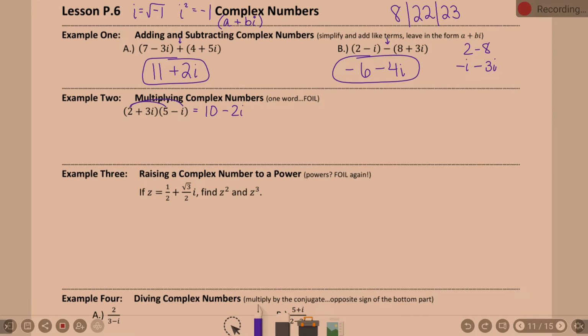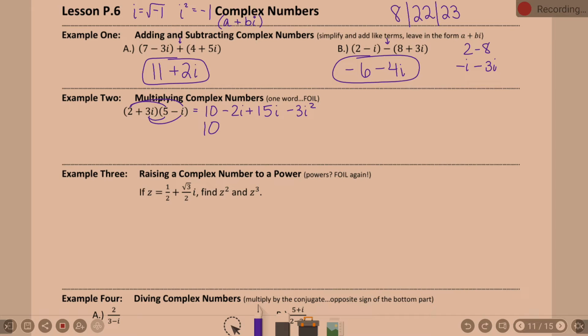Then 3i times 5 is plus 15i. 3i times -i is minus 3i squared. Continue with this problem. Don't stop here. What do you see? 10 plus 13i.